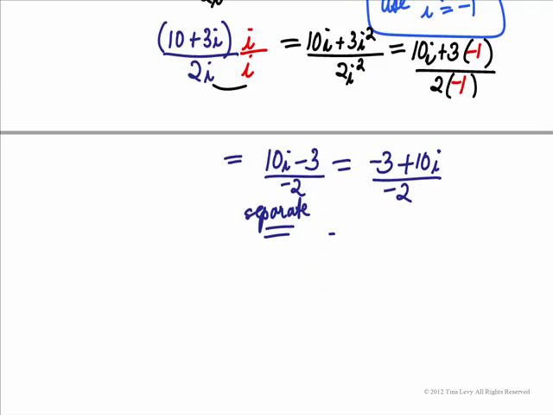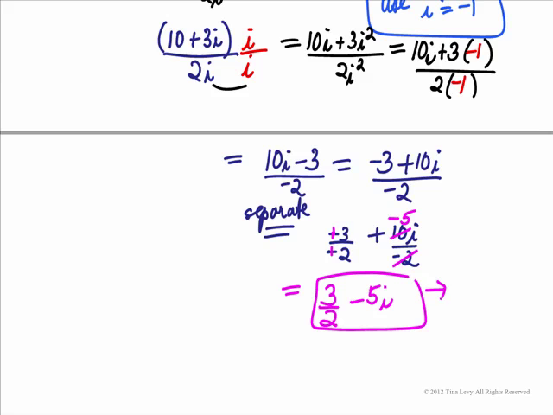This becomes negative 3 over negative 2 plus 10i over negative 2. But 10 divided by negative 2 becomes a negative 5, and minus over minus is a plus. So the final answer is 3/2 minus 5i. And we call this a plus bi form, because every complex number must have a real and an imaginary part.